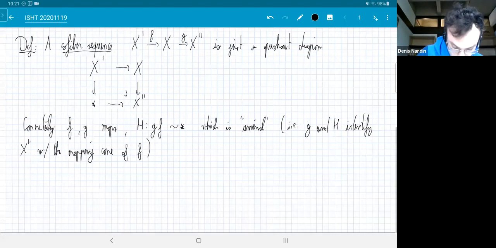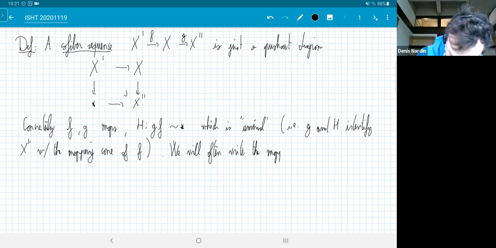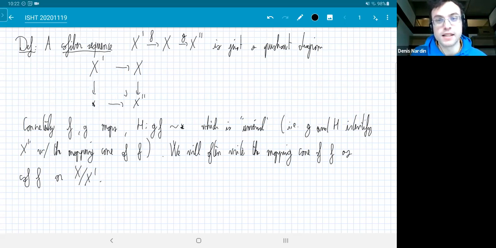And the mapping cone of F, we will often write as cof(F) or X mod X', because you remember, when F is a cofibration in topological spaces, this is equivalent to X mod X'.